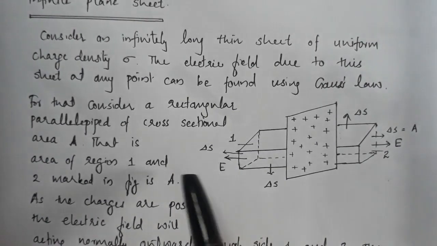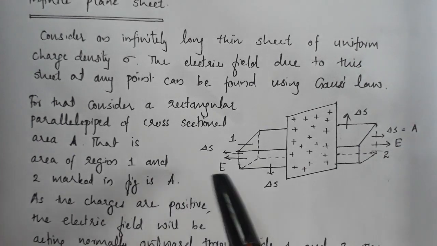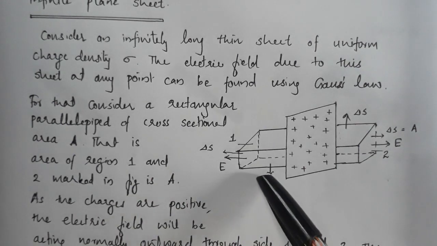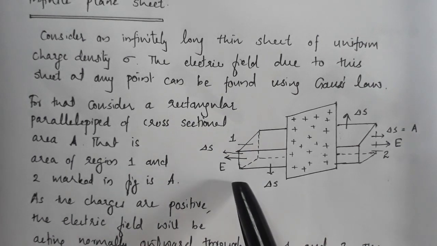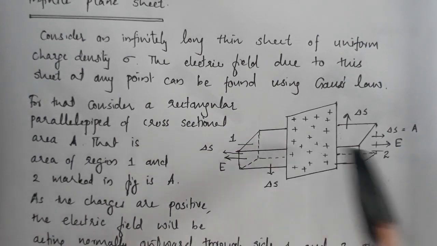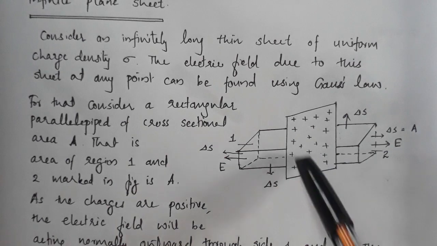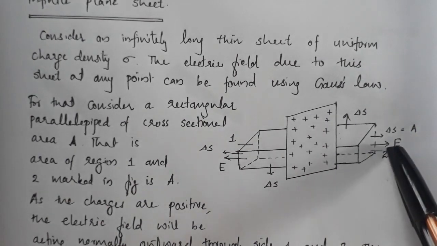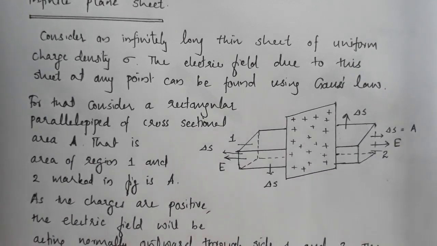So here also the flux will be E into delta S, that is E into A. Cos theta will be 0, so cos 0 will become 1. So here also E into A is the flux. So the flux in all the 4 sides will be 0, and on either of these two sides it will be E into A.